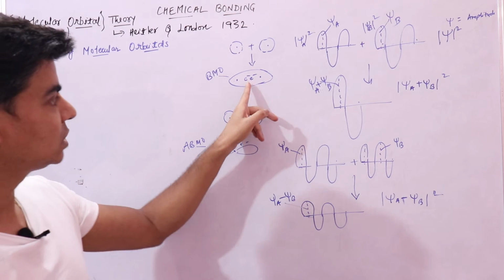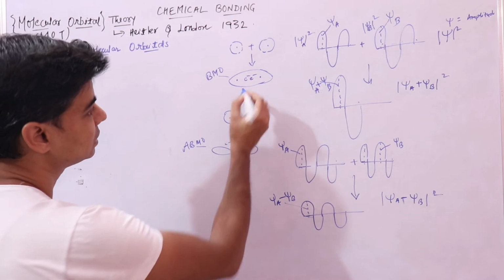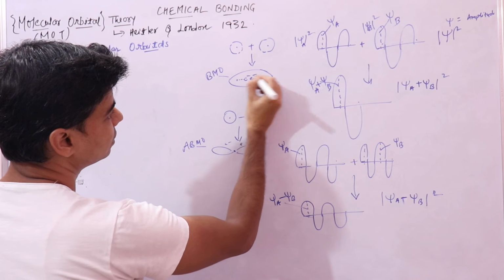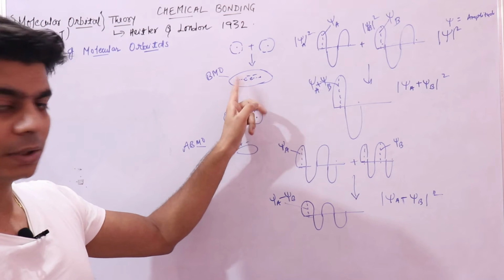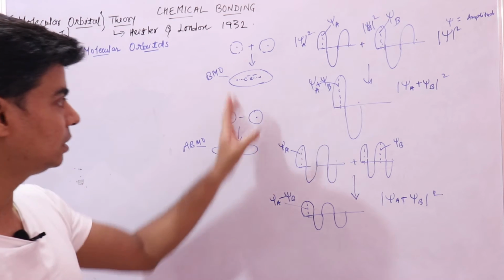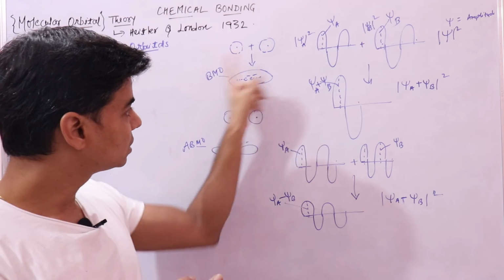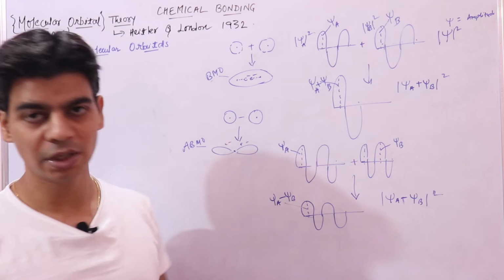So when electrons spend most of their time between the nuclei, since these electrons are negatively charged, they will develop an attraction between the nuclei, right. So these electrons are holding the two atoms together in this molecular orbital, and this leads to bonding. That is why we call it the bonding molecular orbital.